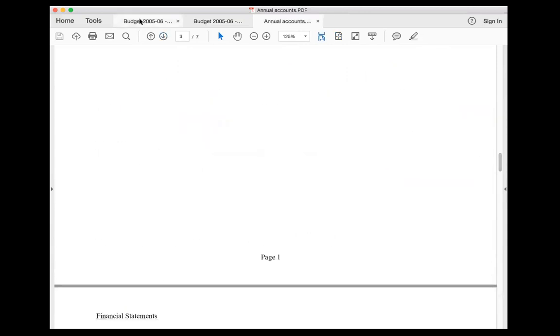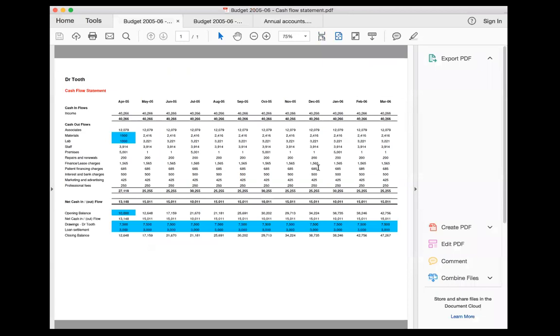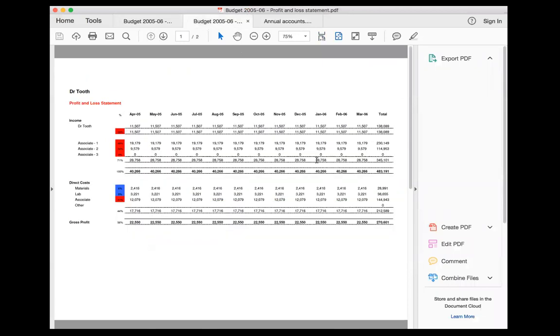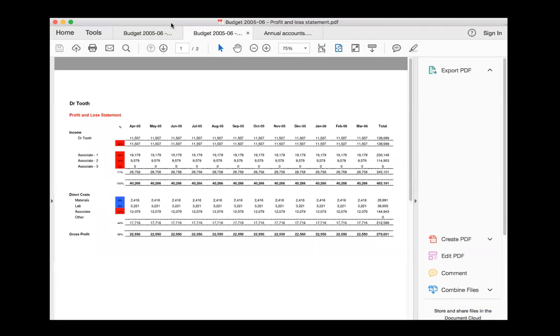Now, one of the things you might want to consider, when you're running a business and running it well, is to have something like a budget in place. So we've got a budget here.